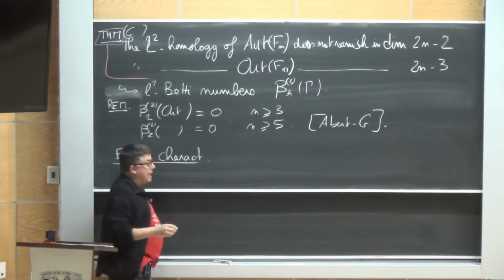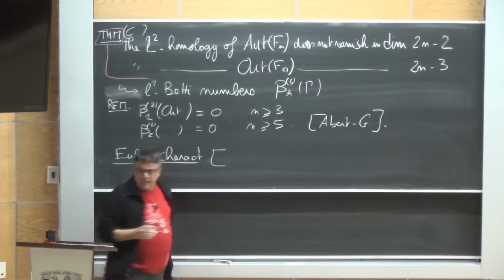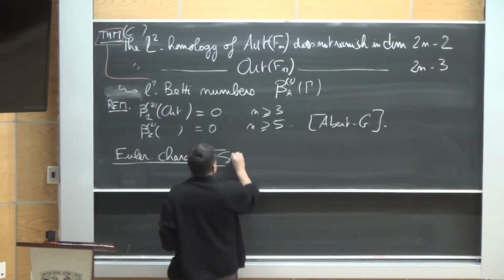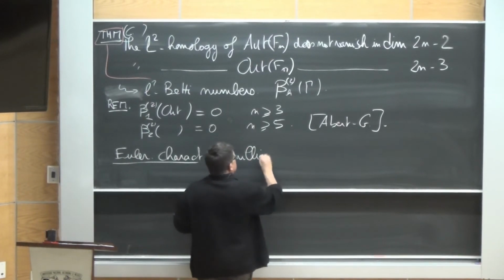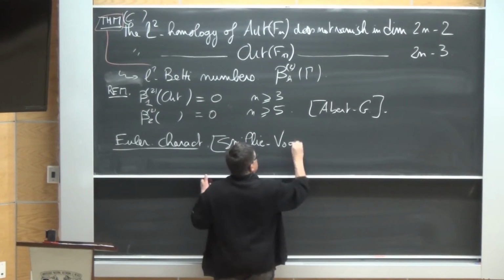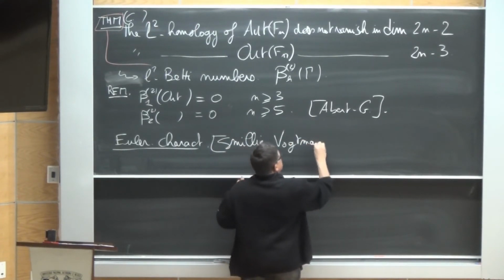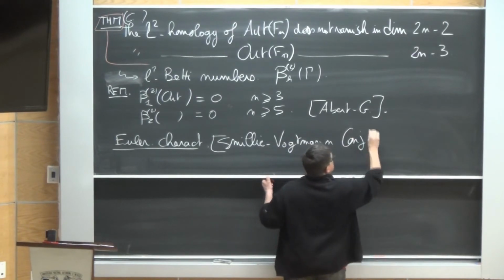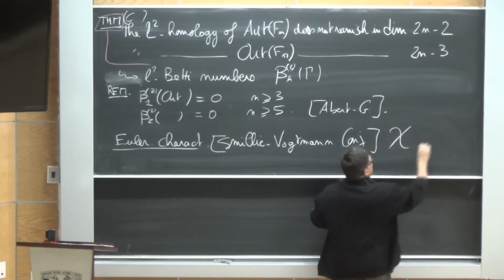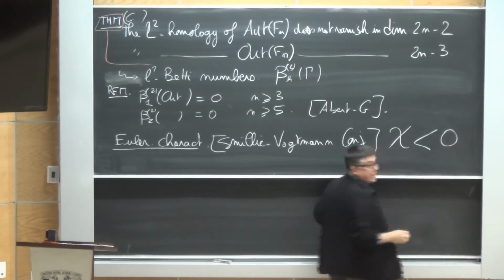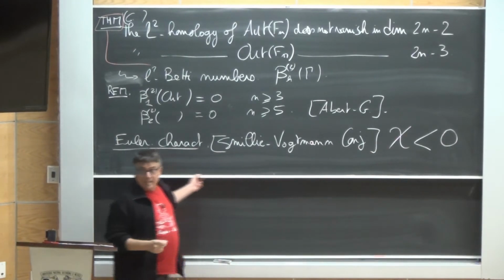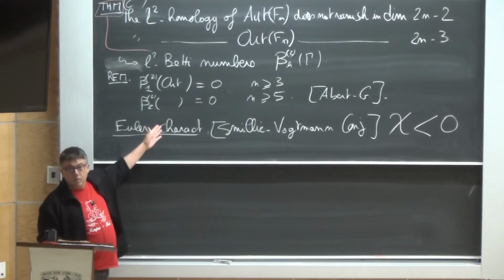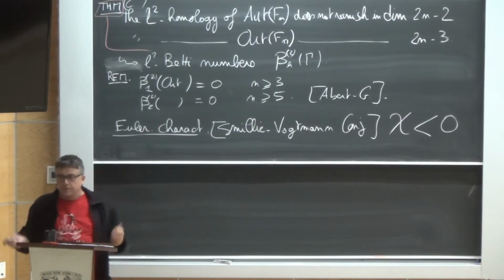And the Euler characteristic is conjectured by Smillie and Vogtmann. They conjecture that the Euler characteristic is always negative. It has been checked until n equals 100 using computers.